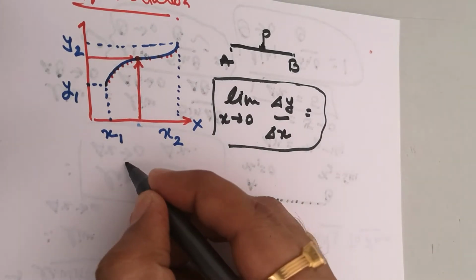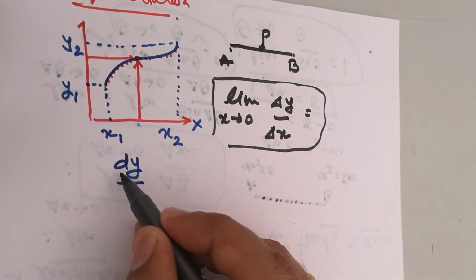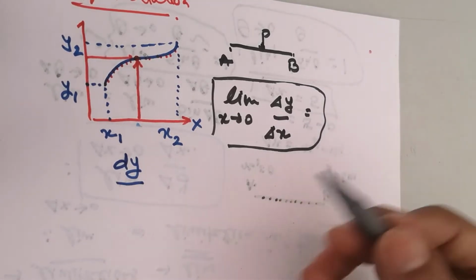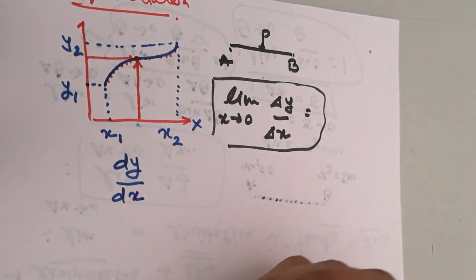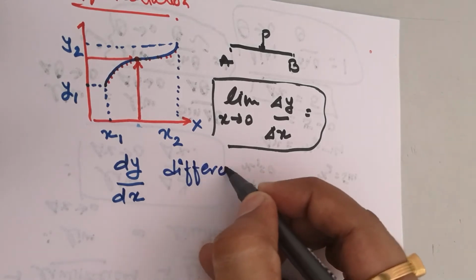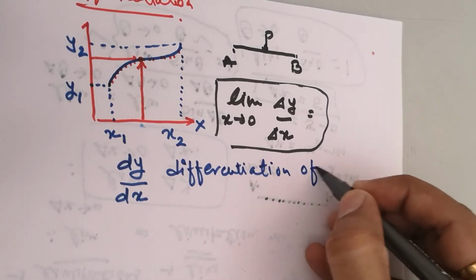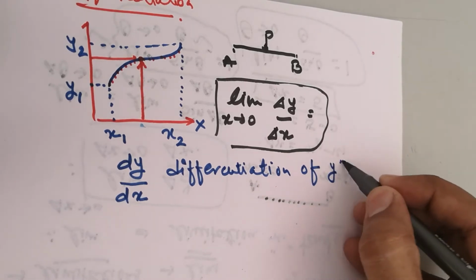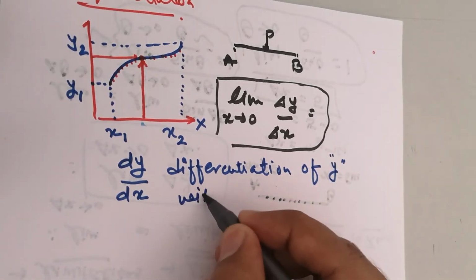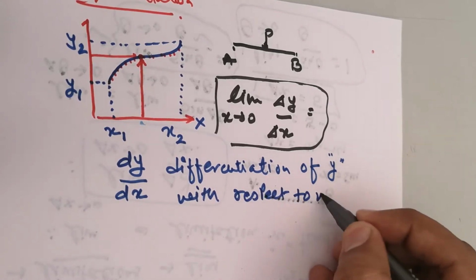And that is why this delta is replaced by the differentiation symbol D, and this delta is also replaced by the differentiation symbol D. That is why it is called differentiation of y with respect to x.